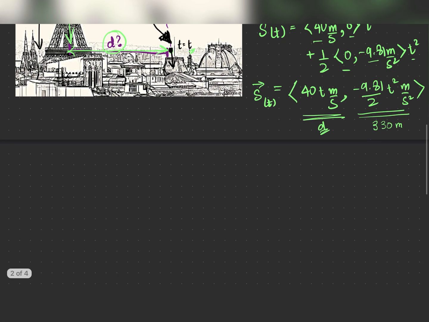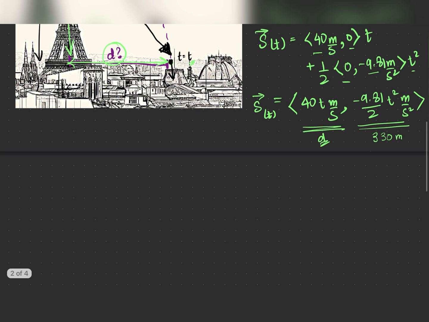So, what can we write? Well, we can say that 9.81 by 2 meters per second squared times t squared equals 330 meters. And we can solve this out and cancel out these units.